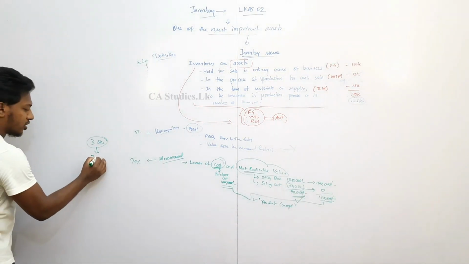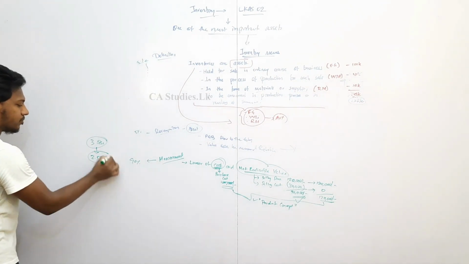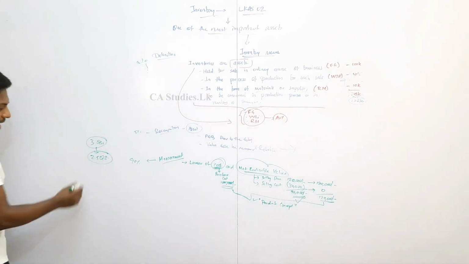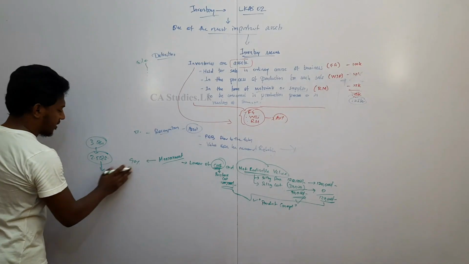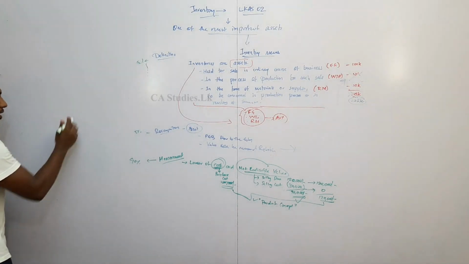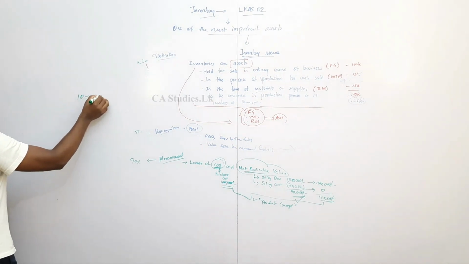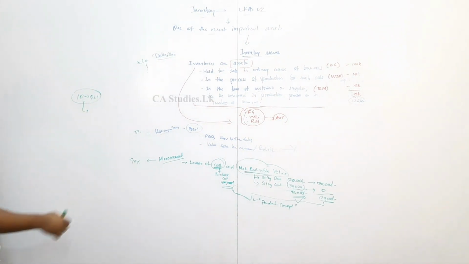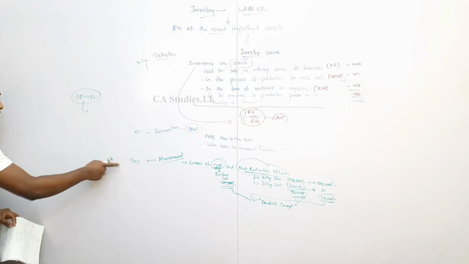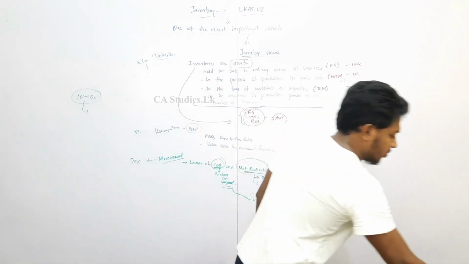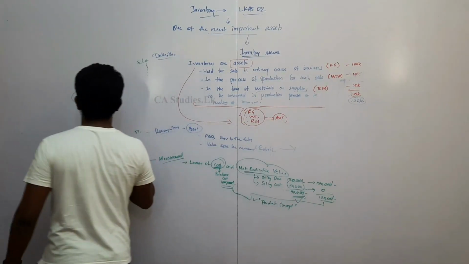So 2.5 questions come from measurement. Therefore, definitely 3 questions come from measurement. For example, if 10 questions come, 9 questions are from measurement. Therefore, the measurement part is very important. Please concentrate more on measurement.